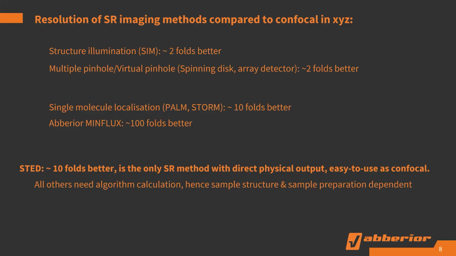These structure-related methods can boost the resolution 2-fold better in X, Y, and Z compared to the confocal. The second category is single molecule localization methods. PALM and STORM are 10-fold better than the confocal in X, Y, Z, and our Abberior MINFLUX is 100-fold better and very fast, 100-fold faster than camera-based single molecule localization.